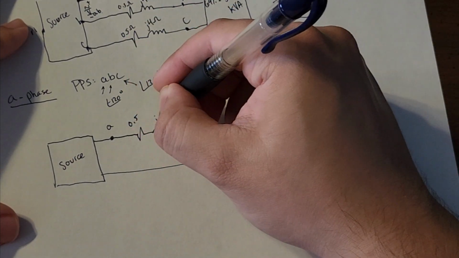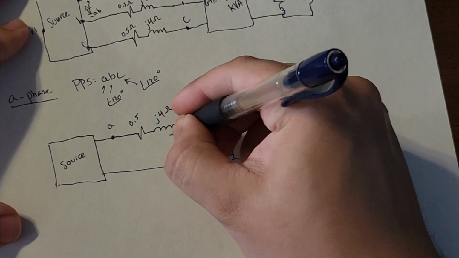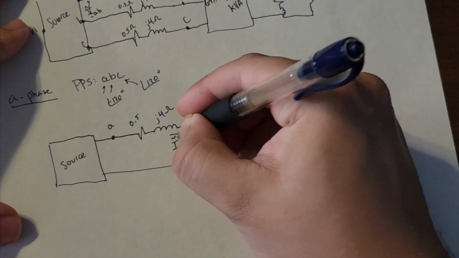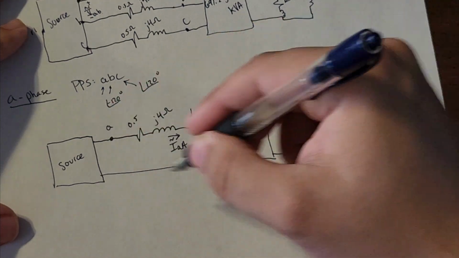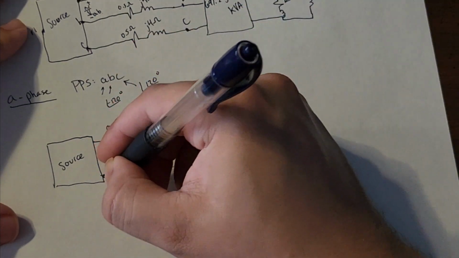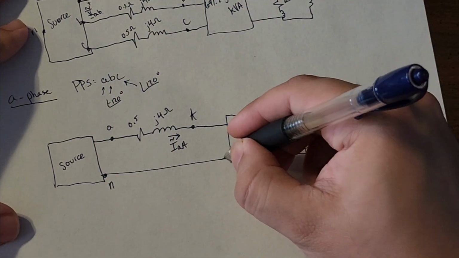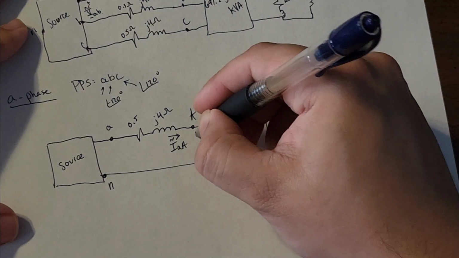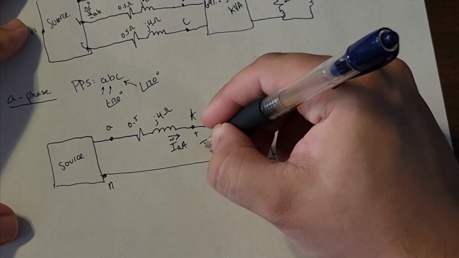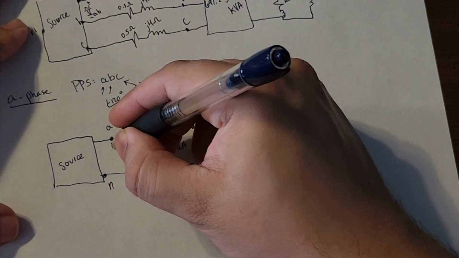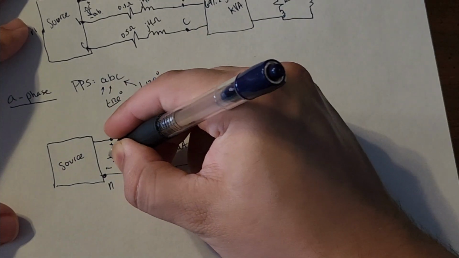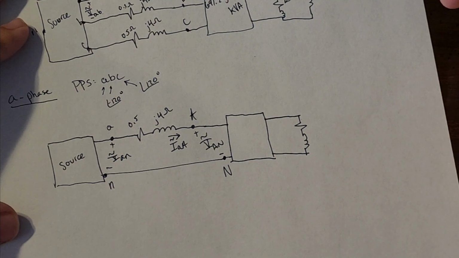Half an ohm and j4 ohms, and we can label the current here I from little a to big A, which is essentially going to be this big loop. Then we have little n here, and capital N here. So what do we know? Well, we know the phase voltage at the load is this, and we know the phase voltage at the source is this.